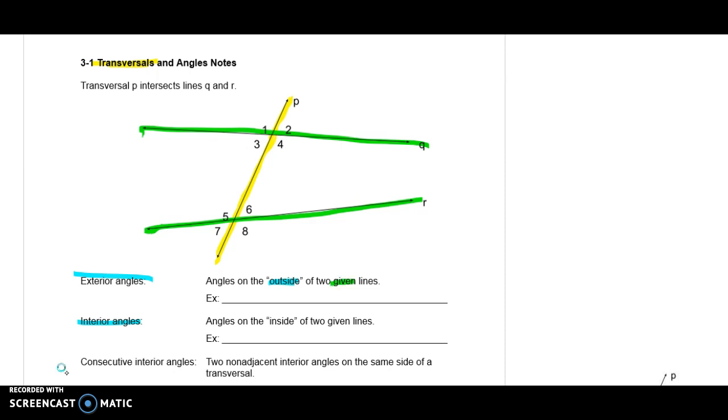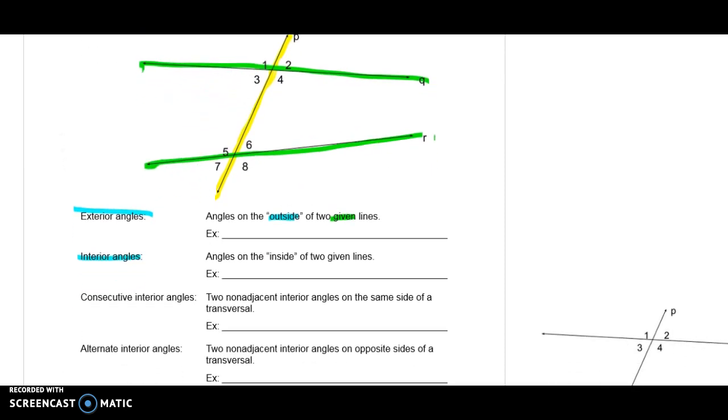When it says given, it means the ones that are in green, the ones that are cut by my transversal. So on the outside of the two green lines, it would be angle 1, angle 2, angle 7, and angle 8.